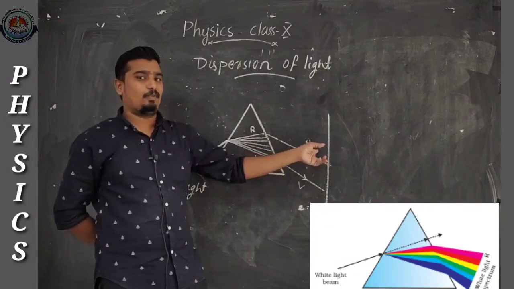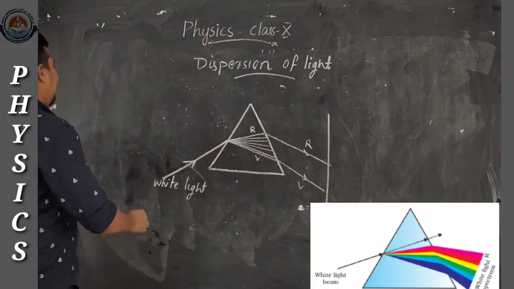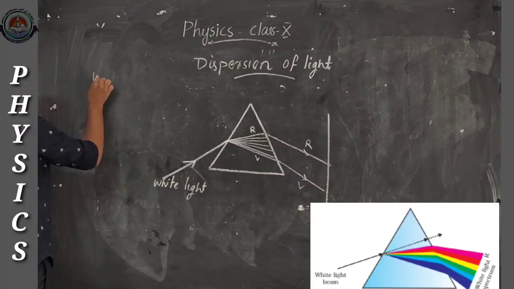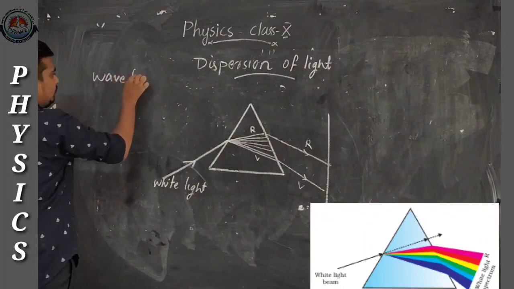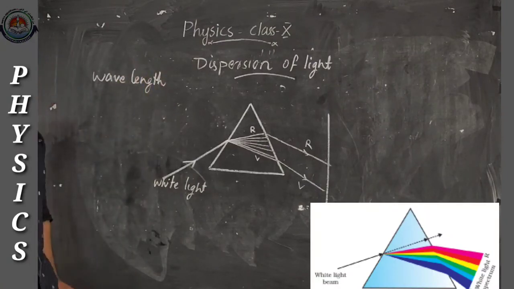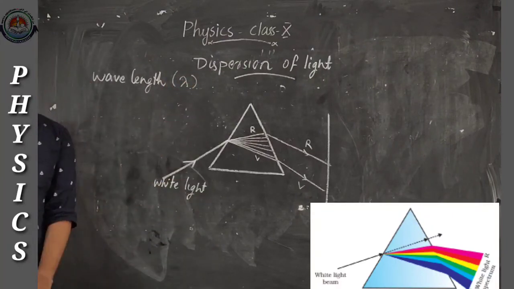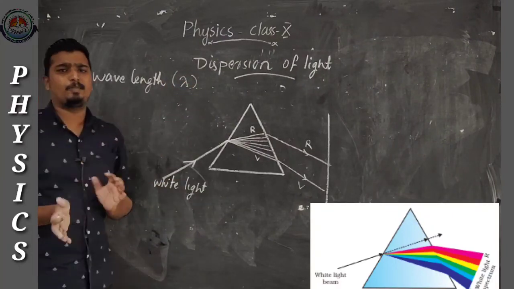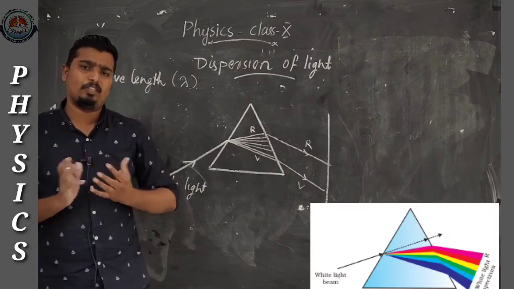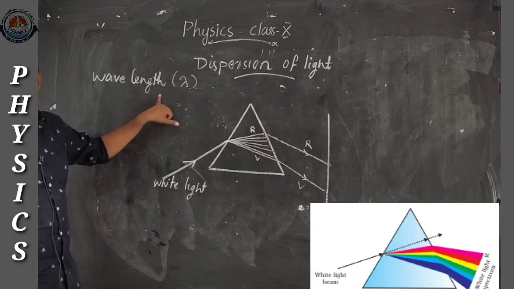What is the reason for that? Listen, you already studied wavelength. In the lower class you studied the term wavelength, that is the distance between two adjacent crests or troughs of a wave.